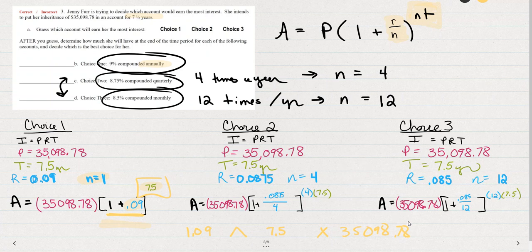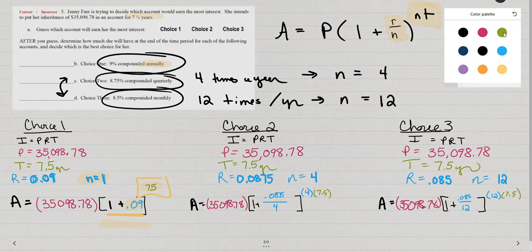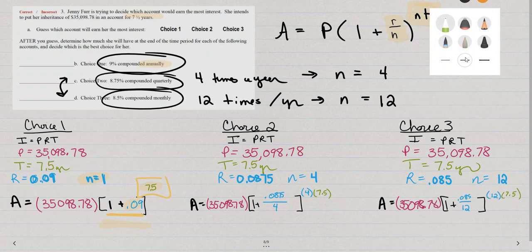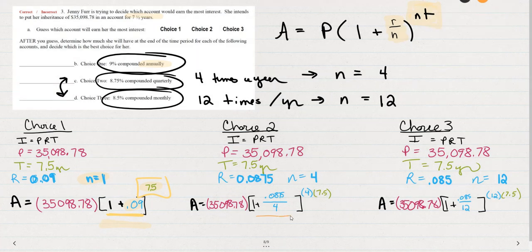Now this next example, the calculator piece is going to be a little more involved. So let me walk through how I would recommend putting this into your calculator. It doesn't matter if I do the 1 first or the fraction first, so I'm going to do that blue fraction first.